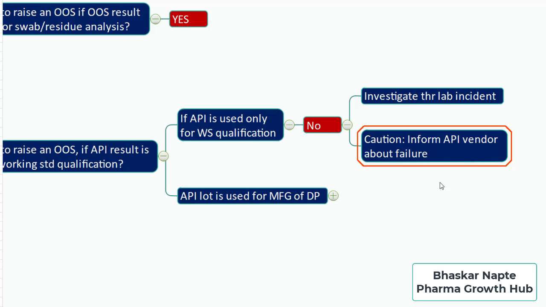But in the second situation, if the API lot is used for manufacturing of the drug product, the same API batch you are now using for preparation of the working standard, and it is found to be out of spec, you must investigate the failure through the out of specification procedure.